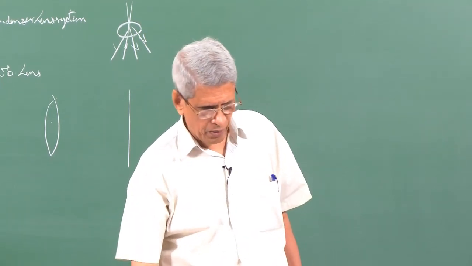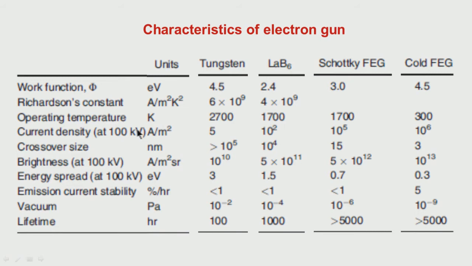What is essentially important is the current density. It is about 5 for tungsten, and for LaB6 it is about 20 times more. Compared to LaB6, the Schottky is around another 1000 times more, and compared to Schottky, the cold FEG is another 10 times more.